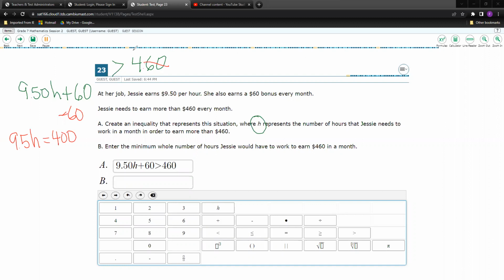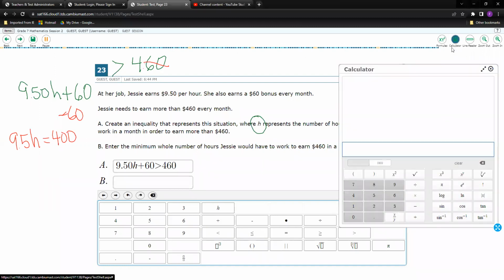Let's bring up our calculator. Why do it by hand when we're not in 6th grade anymore? So 400, now we need to divide by 9.5. So 400 over 9.5. I've been having trouble seeing my decimal points when I write them, but you know they are there.